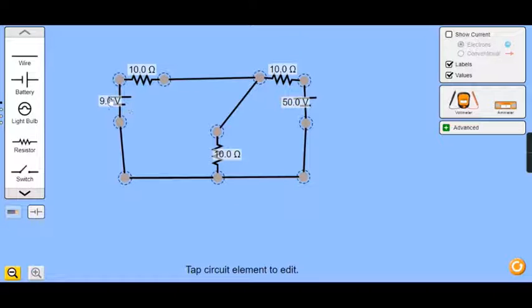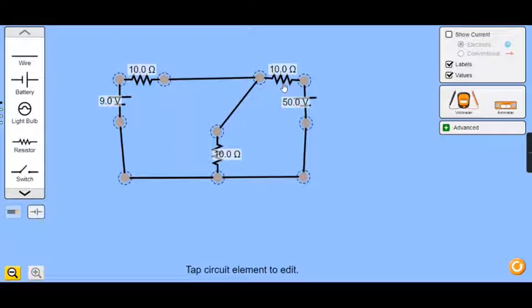This is voltage 1. This voltage should be equal to the sum of these 2 voltages, and in the same case this voltage should be equal to the sum of the voltage drops across these 2 resistances. So we are going to test this.